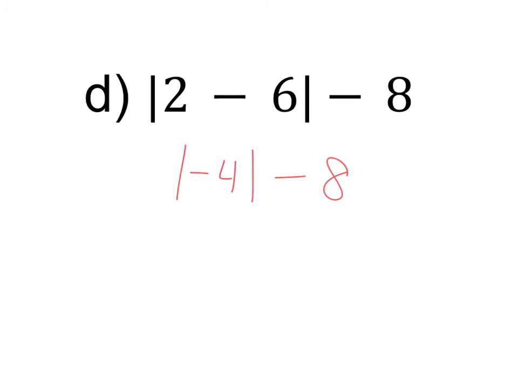So take the absolute value of -4, and that's 4. And now we have 4 minus 8, which would give you -4. A lot of people would say, Mrs. Schroeder, I thought you said it would always be positive. Well, the absolute value part was positive. The other part with the -8 on the outside, that's what caused it to be negative, and that is okay.